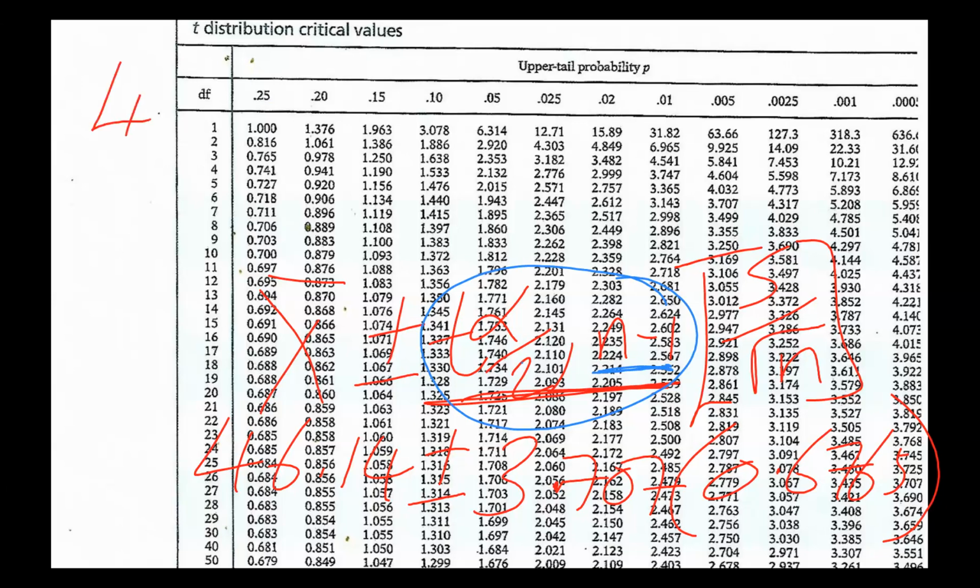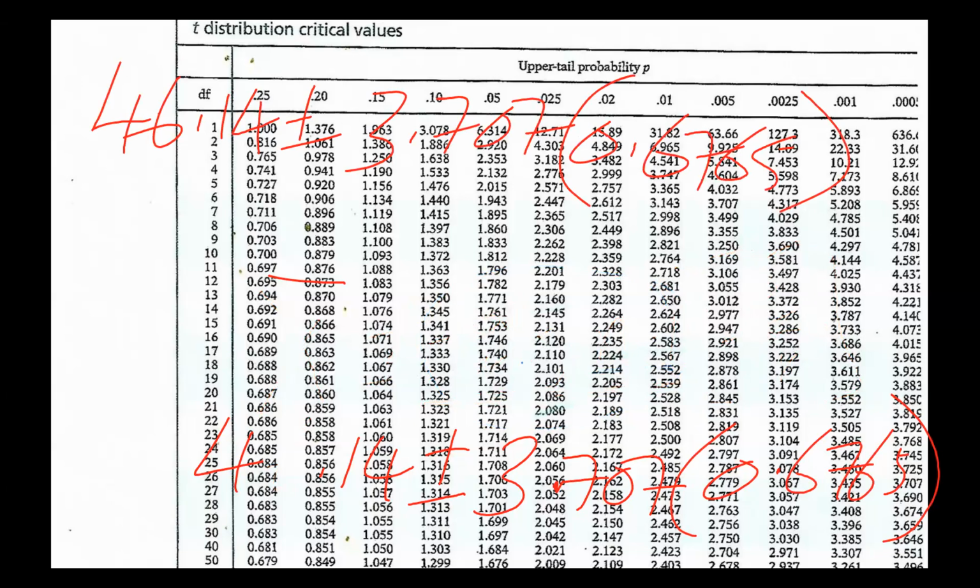So you can have 46.14 plus or minus 3.707 multiplied by 0.6765. So now, what you do, find one number here, multiply these two.